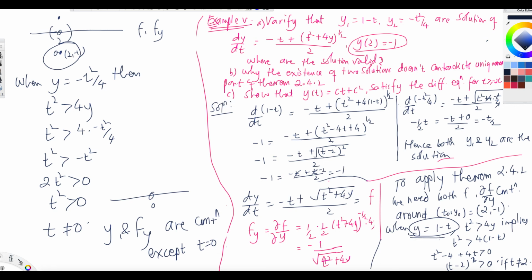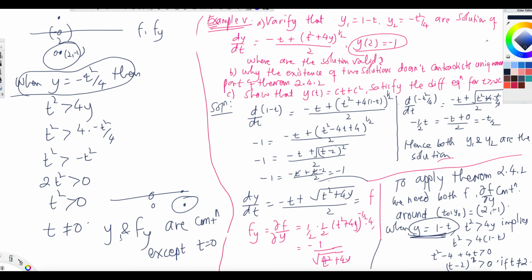So y equals 1 minus t is not continuous around it, but the other solution, y equals t square over 4, is continuous around (2, -1). So for this solution, both f and f sub y are continuous around (2, -1), but for the other solution, both f and del f over del y are not continuous around (2, -1).